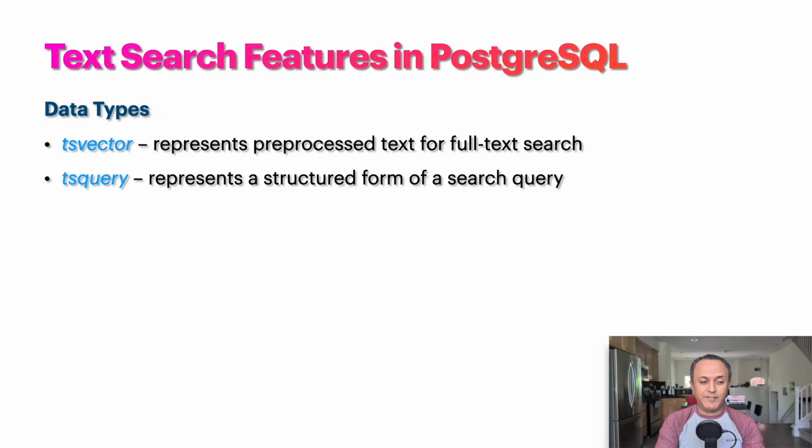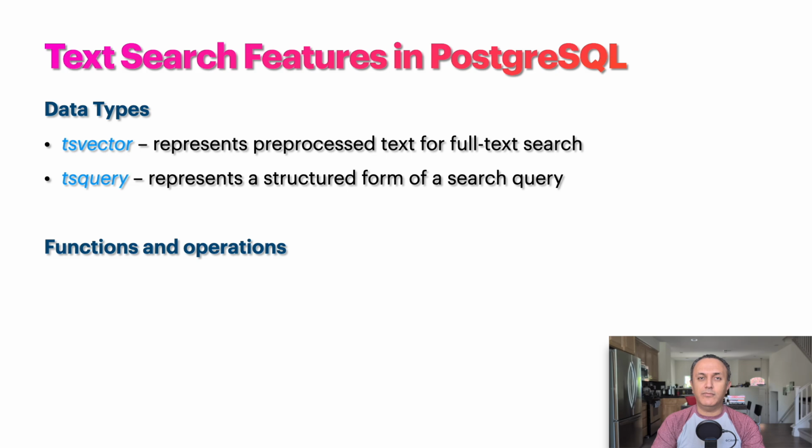The other type is TS query. This is, again, the structured form of the search query that we provide. Whatever search terms we're looking to provide, it also does some pre-processing on them and produces this TS query, which we need before we can actually use it in the search. So in order to do the search, your data has to be in the TS vector form and your query has to be in the TS query form. How do we get from strings to these forms?